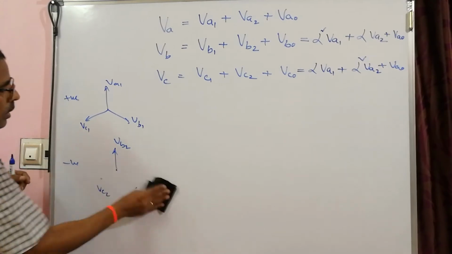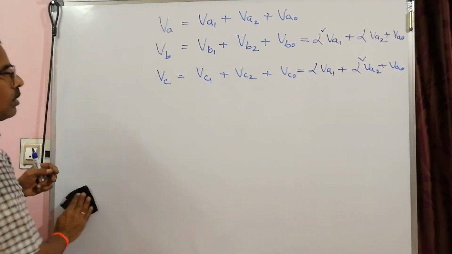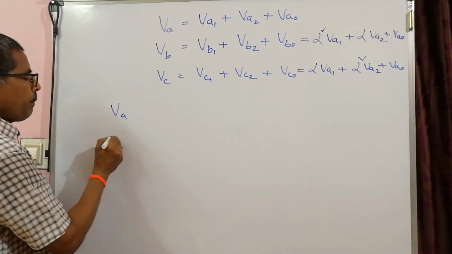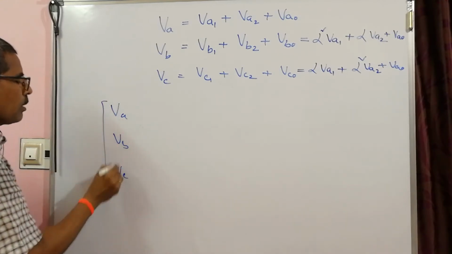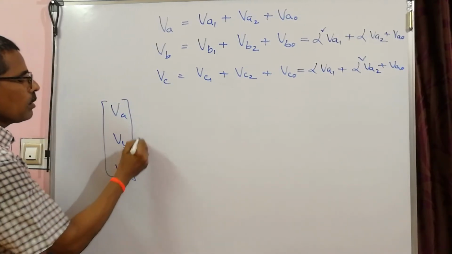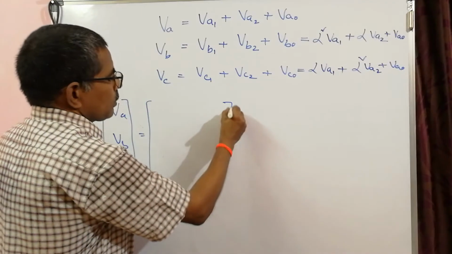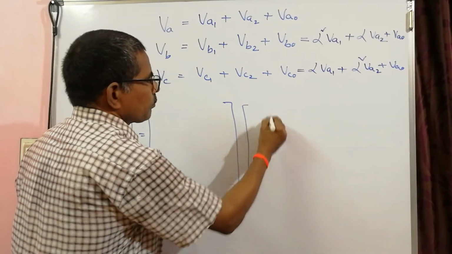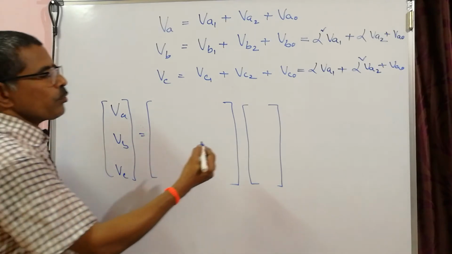Right. Let us represent this in matrix form. The same relation: VA, VB, VC is some matrix multiplied by VA1, VA2, VA0.